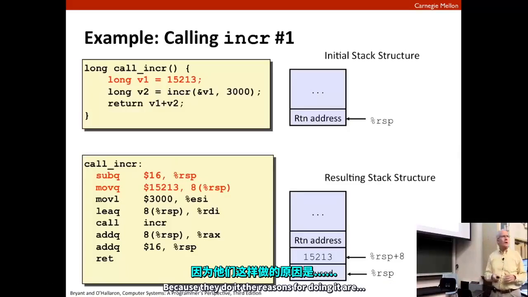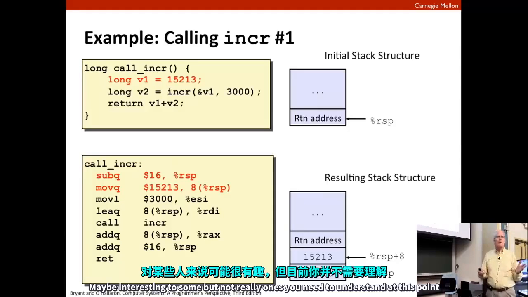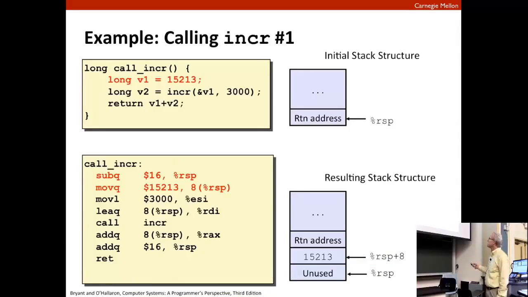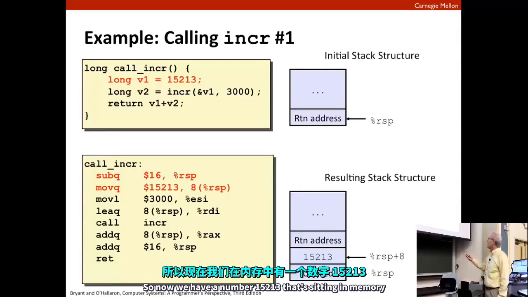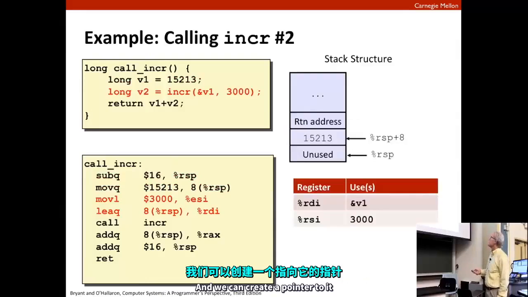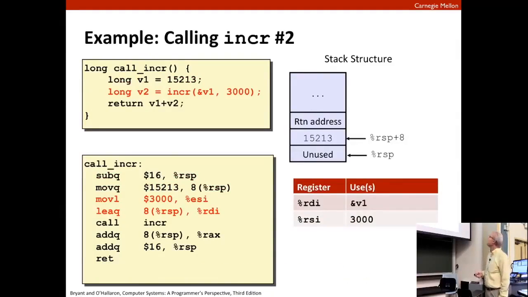The reasons for doing it are maybe interesting to some, but not really ones you need to understand at this point. So the point being that the way we got space on the stack was to just decrement the stack pointer. So now we have a number, 15213, that's sitting in memory, and we can create a pointer to it.